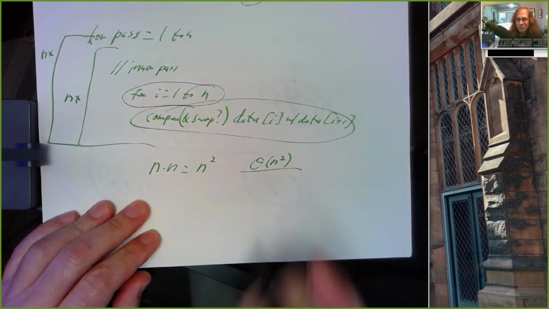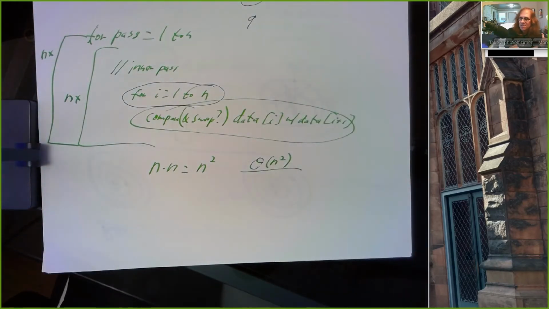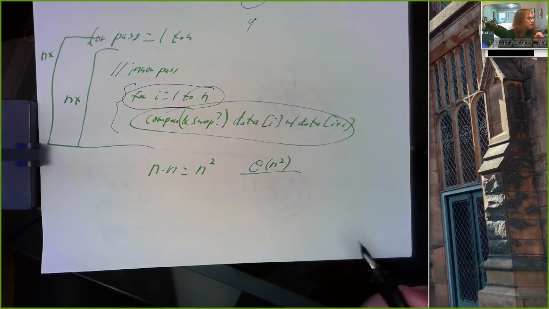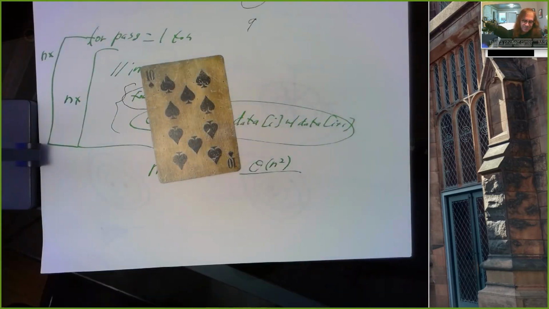Well, the first time through, we actually only need to do 9 comparisons. We're comparing the first number to the second, second to third, third to fourth, and so on. The last comparison is the 9th to the 10th. So we're only doing 9 comparisons for our first pass, and we know after our first pass, our largest number is going to be at the bottom of the array.